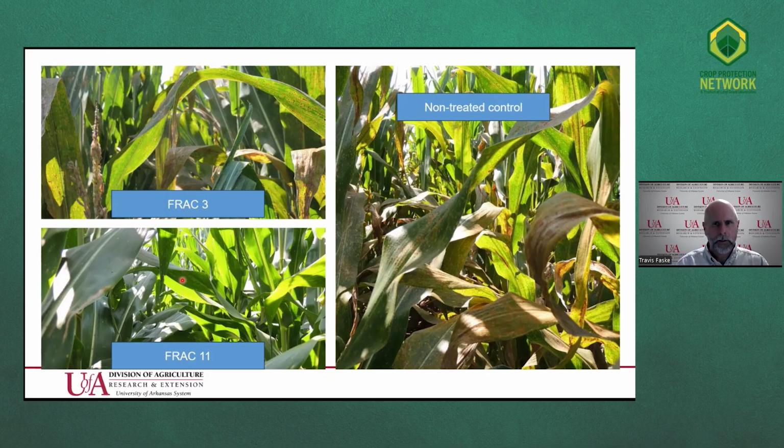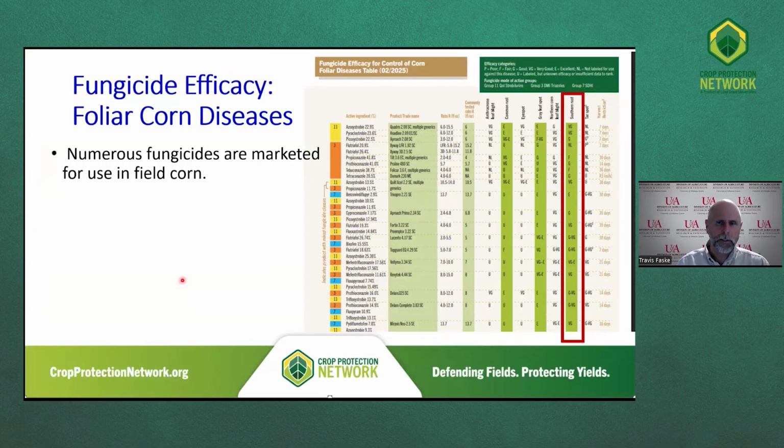Within the FRAC code 11, too, there's some variation within efficacy for those fungicides. So it's simple just saying FRAC code 11, but then it gets complex with all the other fungicides that are available. So this is the fungicide efficacy table that's on the Crop Protection Network. And there's a lot of different active ingredients and the product names that are here.